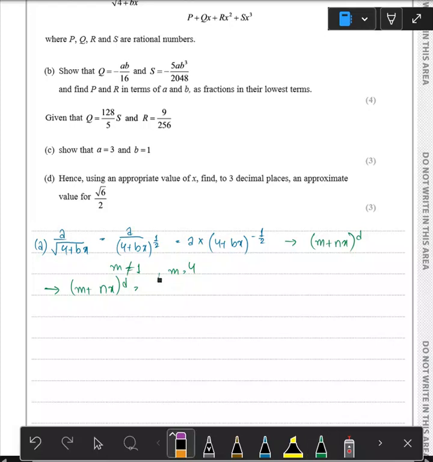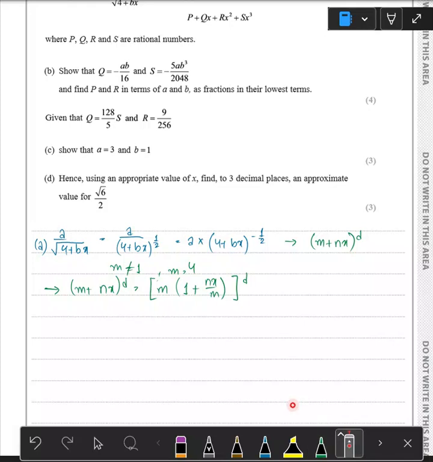So by bringing the m out at first, I write 1 plus nx by m, to the power whole d. The d is on top of the whole thing.